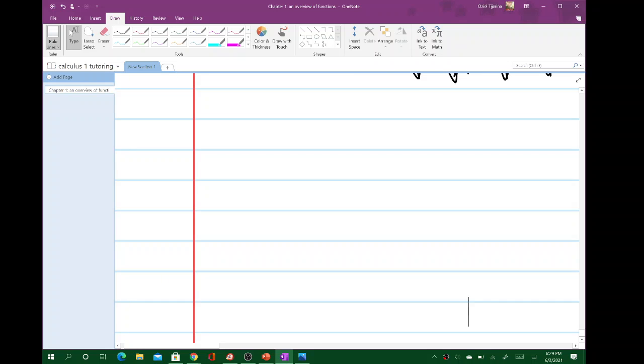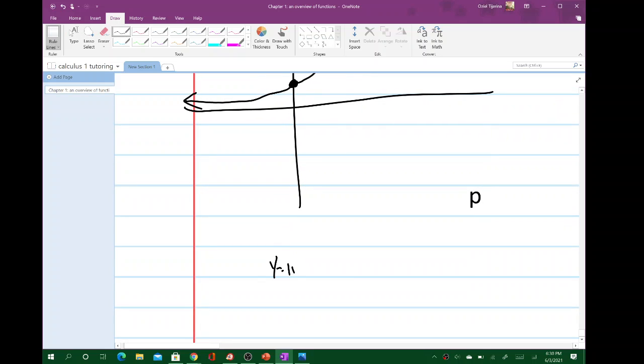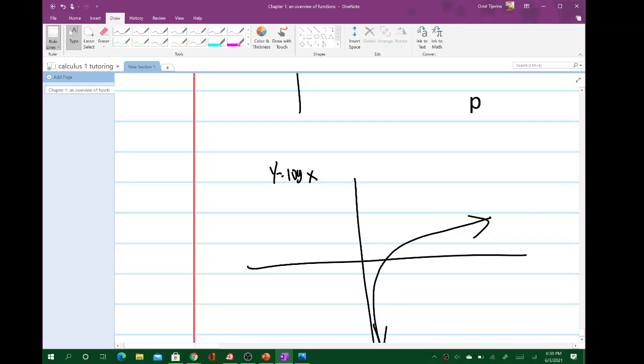So the next one that I wanted to do, let's see, hold on. So e to the x, this is y equals e to the x. It's the exponential function, the exponential growth function. And then there's also ln of x, so natural log of x. Or actually, we can do log of x, so y equals log of x. In reality, it just looks like this.